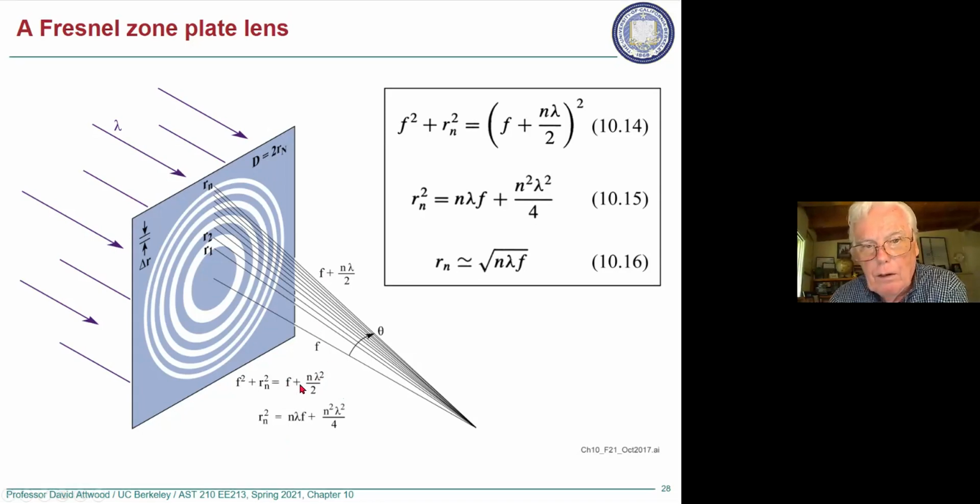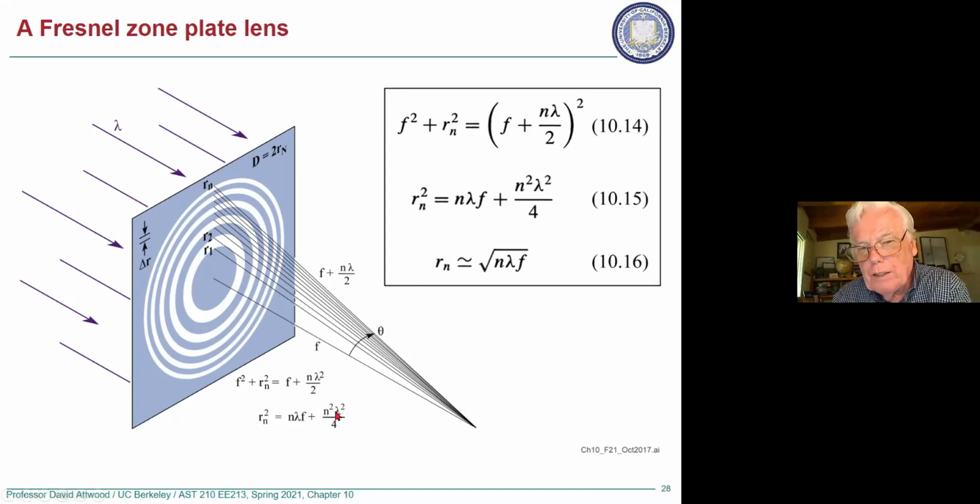Okay. So if you multiply this out, there's an f squared on both sides, so that goes away, and you're left with the radius subscript n. Any one of these radii is this part, n lambda f, plus this term.